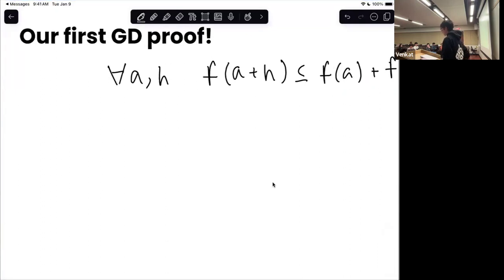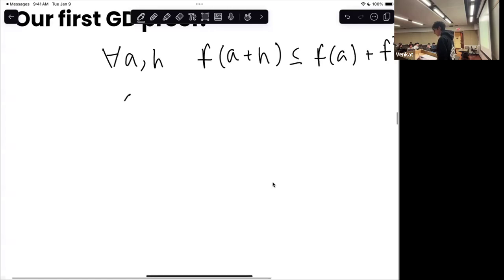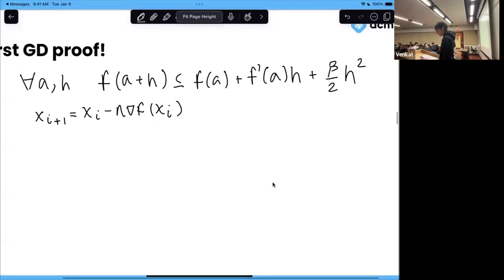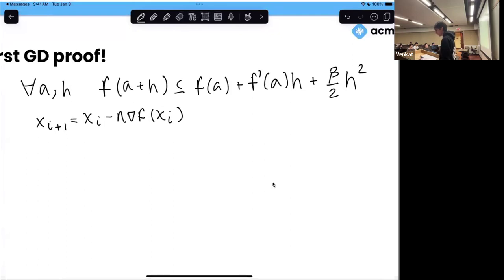So we can do this one proof. We will probably skip the longer proof for today because I think we're going to run short on time otherwise. But this proof is fairly easy. So recall the gradient update step, this. So here's the smoothness upper bound. If you see f of x of i plus 1 is in this form of a plus h, where a is going to be x_i, and h will be the step size multiplied by the gradient.